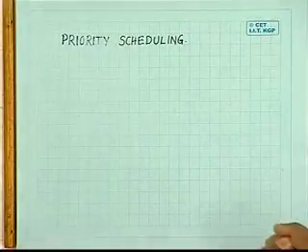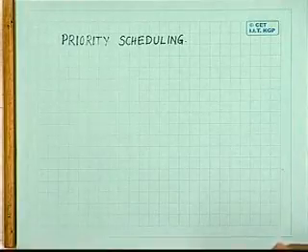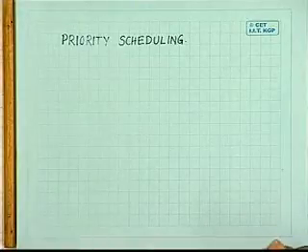In case of priority scheduling, you can specify the priority of a job. Okay? I can set the priority levels of different jobs. And in that case, I want that a job which has the highest priority should be executed first, and the job which has the lowest priority should be executed last. Okay? So this is similar to what we have done in case of shortest job first scheduling, where a job which has the smallest CPU burst time is to be executed first.